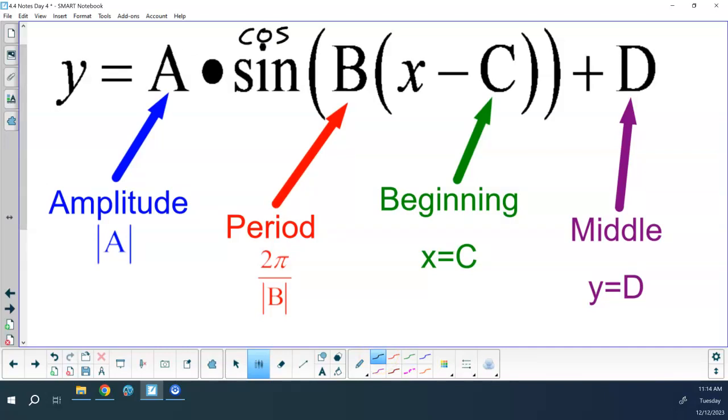Okay? Now, what we need to do is, because we are dealing with something that is in a set of parentheses, and that in mathematics always makes things a little bit more difficult, we need to think opposite.